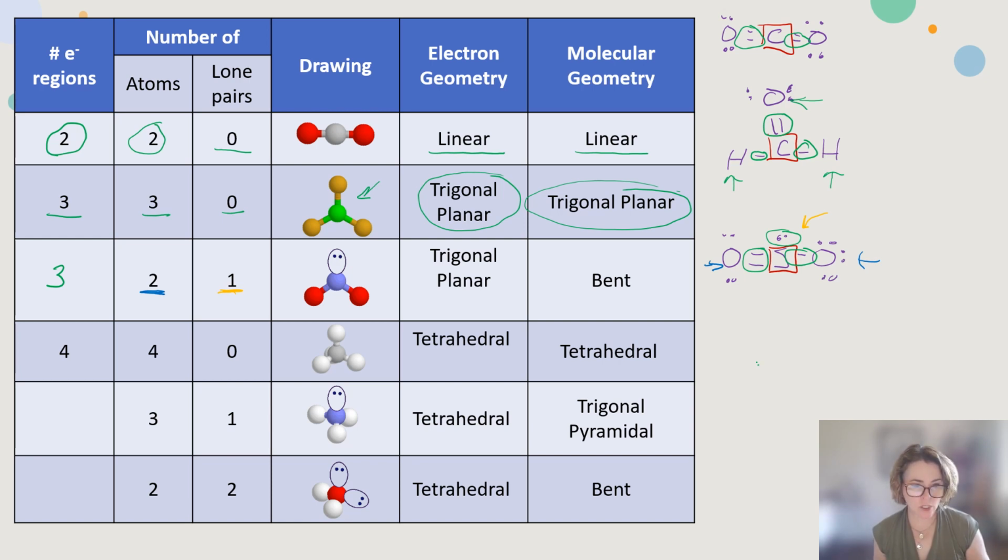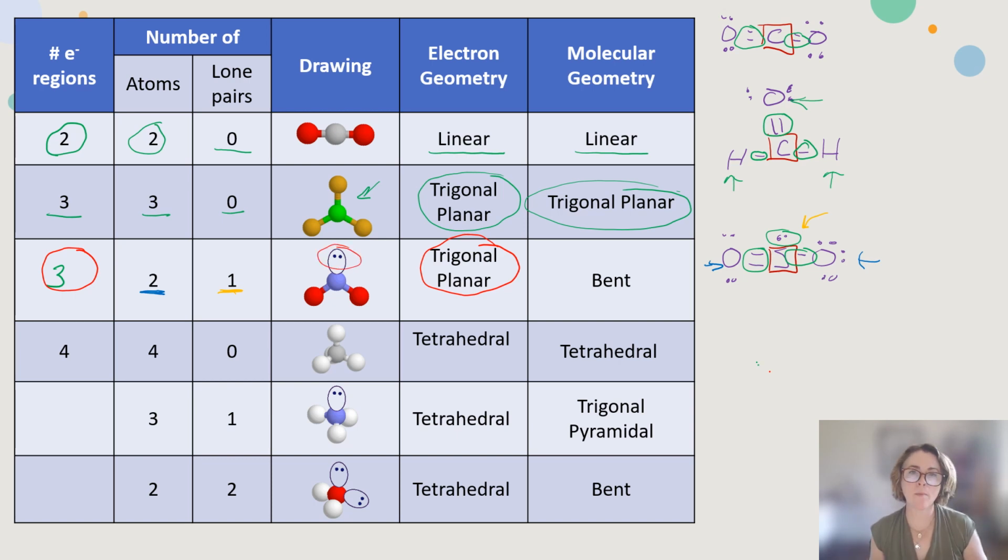The electron geometry is always going to be based on how many electron regions I have. So since I have 3 electron regions, the electron geometry will be trigonal planar. And if you notice, right here, rather than having an atom, I have a lone pair.